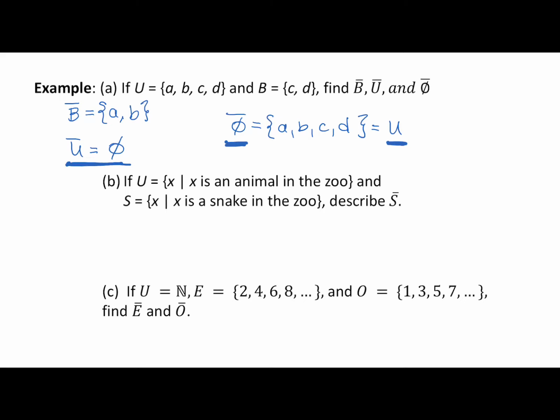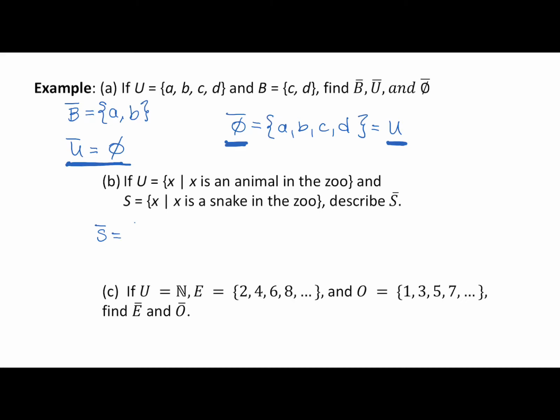Let's look at B. U is going to be the set of all X such that X is an animal in the zoo, and S is the set of all X such that X is a snake in the zoo. What is S complement? Here it's going to be hard for me to actually list out the elements of S complement, and that's why we're asked to just describe S complement.